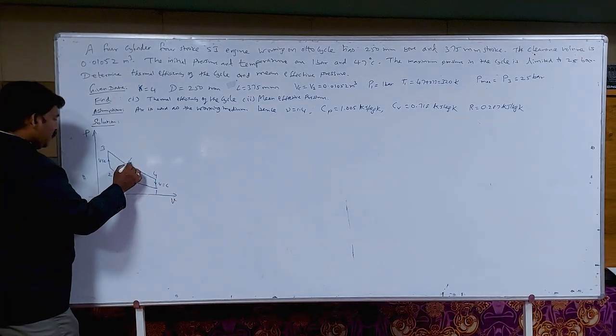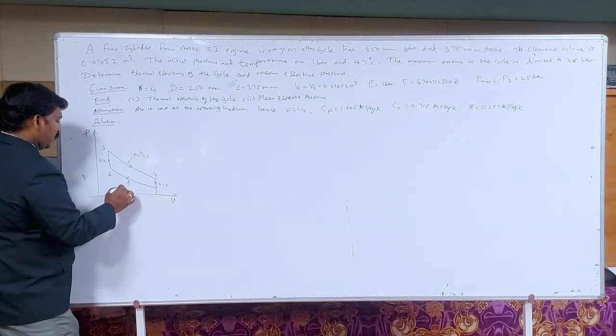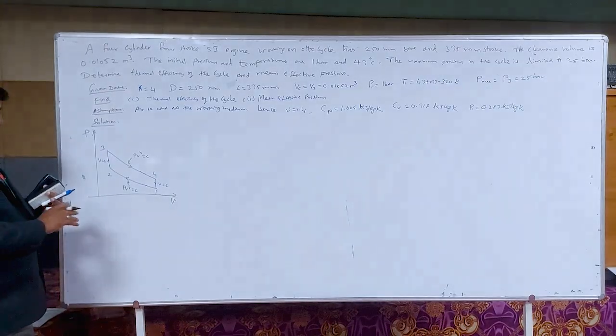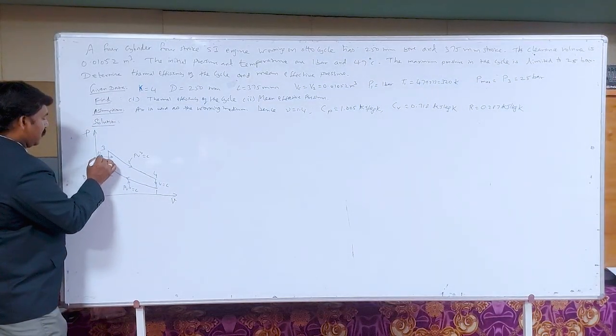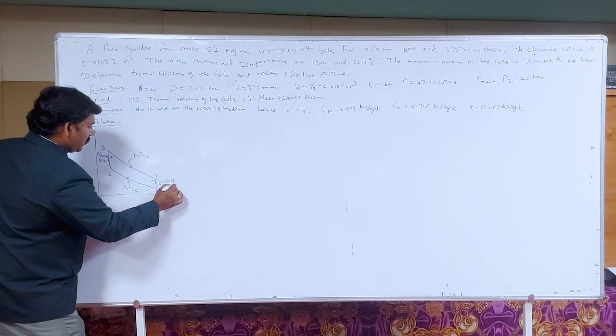Here the process is PV power gamma is equal to constant. In process 2 to 3, the heat is added, and in process 4 to 1 heat is rejected.